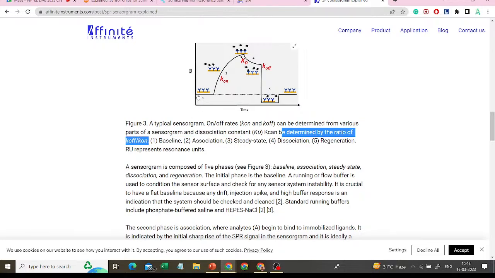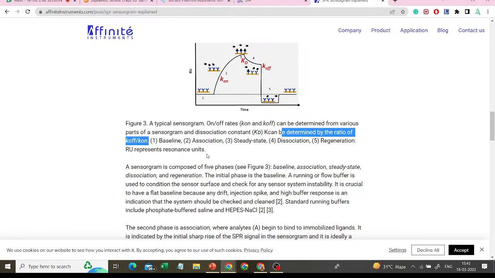Number 1 you can see is your baseline, 2 is your association, 3 is your steady state, 4 is your dissociation, 5 is regeneration, and the RU represents your resonance units. So this sensorgram is composed of 5 phases.